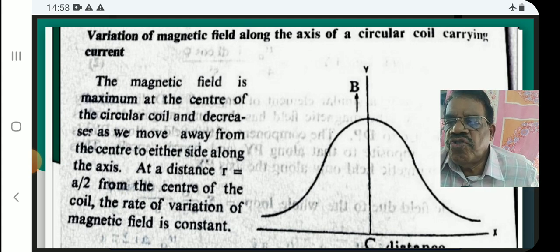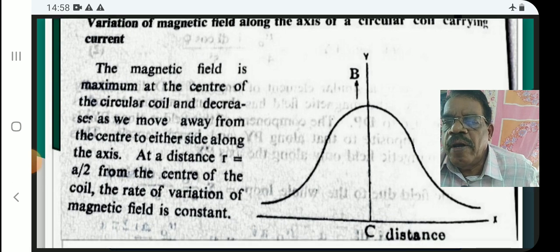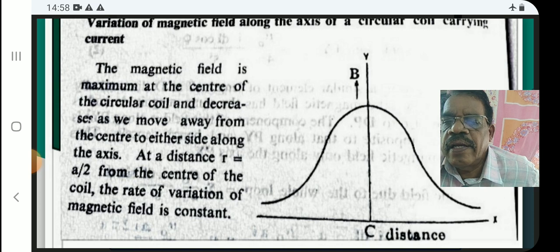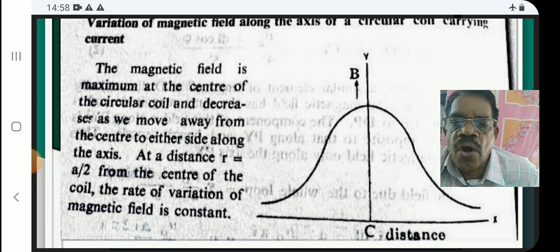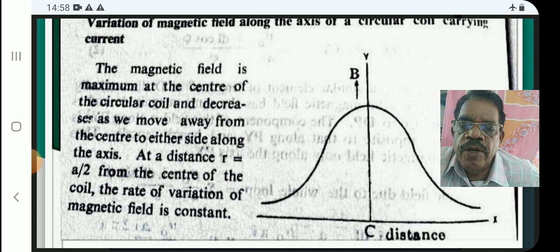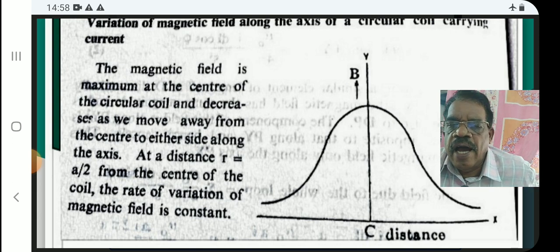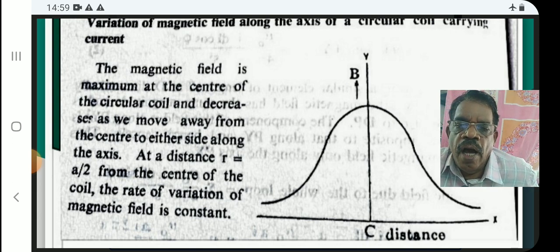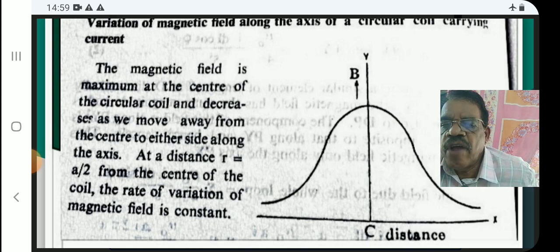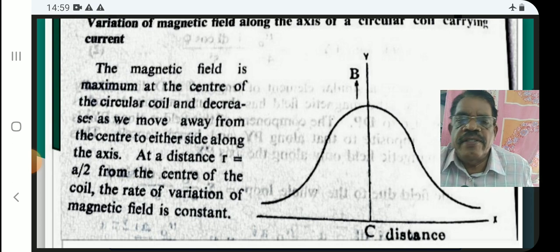At a distance r equal to a by 2 from the center of the coil, the rate of variation of the magnetic field is constant. അപ്പോൾ ഇത് ഈ കോയിലിൻ്റെ സെൻറ്ററിൽ നിന്ന് ഇരുവശത്തേക്ക് ഫീൽഡ് എങ്ങനെ ഡിക്രീസ് ചെയ്യും, അതിൻ്റെ ഒരു പരാബോളിക് റെപ്രസെൻറ്റേഷൻ കാണിച്ചിരിക്കുകയാണ്. r/2 ആകുമ്പോൾ ആ ഫീൽഡിൻ്റെ യൂണിഫോം വേരിയേഷൻ കാണിക്കും.